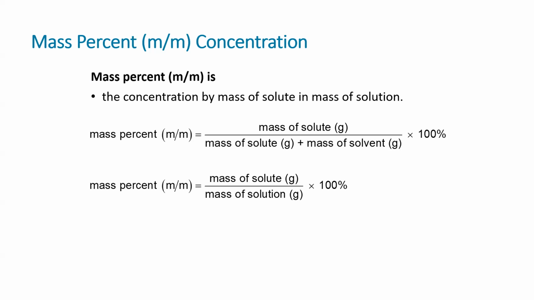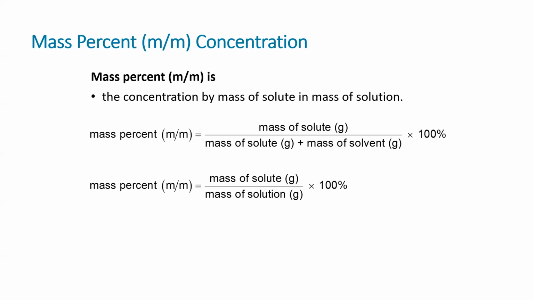So the mass percent is the mass of the solute over the entire mass of the solution, which is different from the mass of the solvent. For example, if we add 42 milliliters of solvent, which we're going to see in an example soon, that doesn't mean that there's 42 milliliters of solution, because you haven't taken into account the volume, or in this case, the mass of the solute.